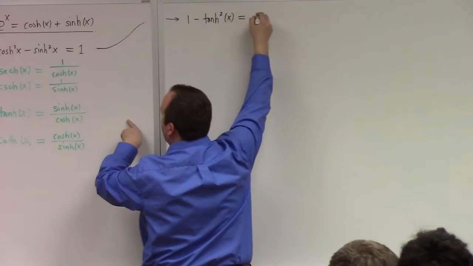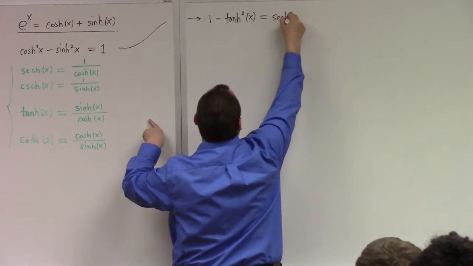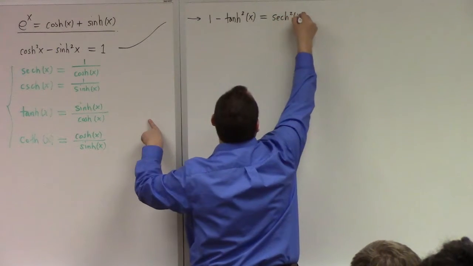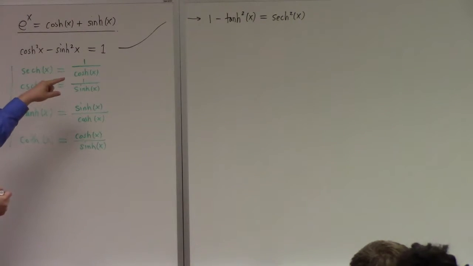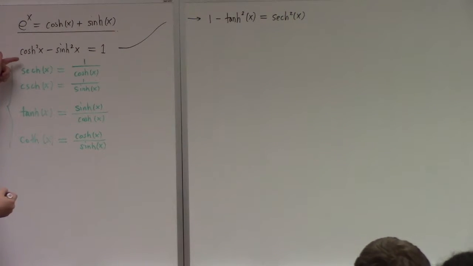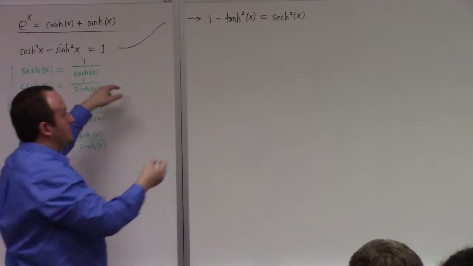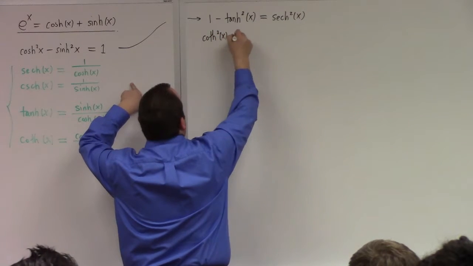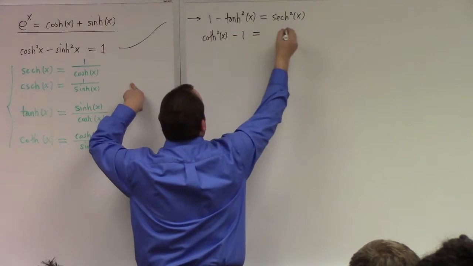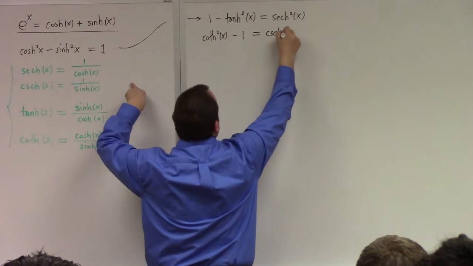Yeah, 1 minus hyperbolic tangent squared x is hyperbolic secant squared x. And if we divide this by sinh squared, it gives us hyperbolic cotangent squared minus 1 is equal to hyperbolic cosecant squared of x.